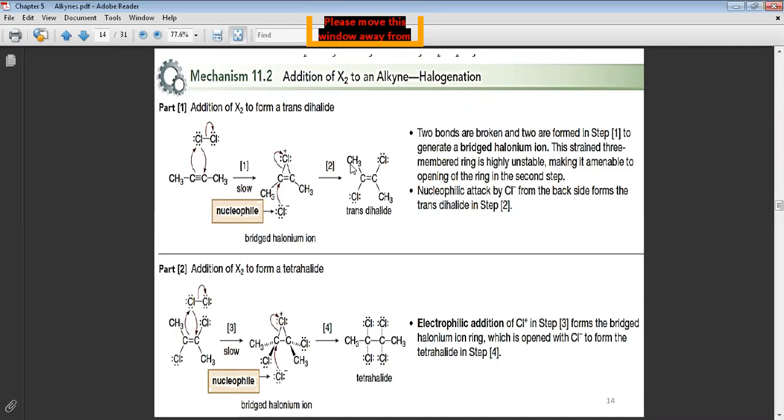If you have another molecule of the halogen, the pi bond again opens and attacks, giving you the bridged halonium ion, and the negative part acts as a nucleophile and attacks the carbon to open the bridge and give you the final product. If you look at the final product, we have 4 halogen atoms, 1, 2, 3, 4, added on the triple bond. The same mechanism.